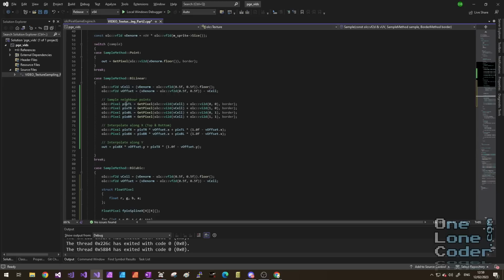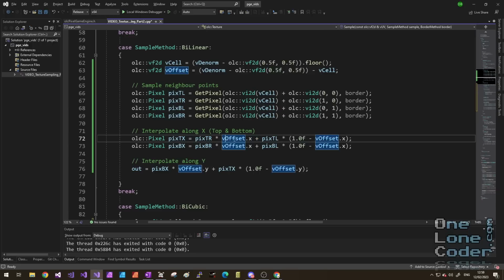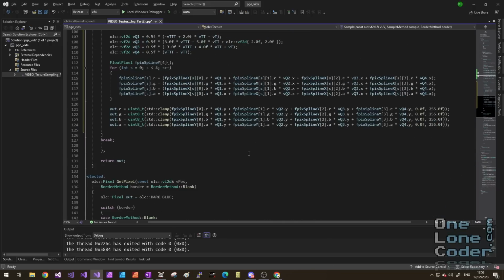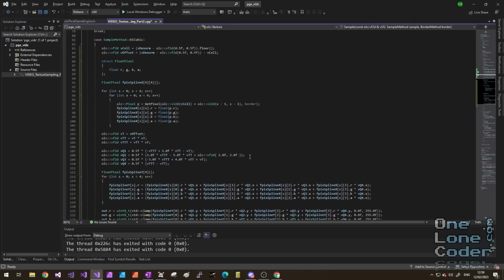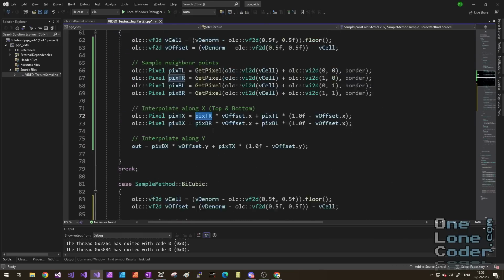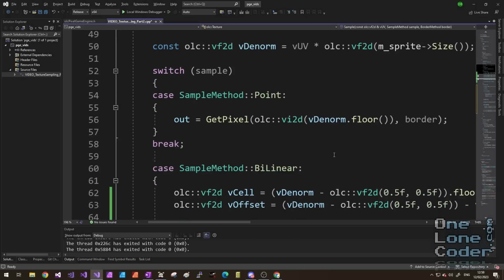This was somewhat hidden in the bilinear implementation, because the Pixel Game Engine built-in pixel type supports operations between pixels. If I multiply a pixel by a constant, it will automatically handle all of the components. We've needed to do that explicitly this time round. But it's a nice visual example of just how much more computation effort bicubic sampling is going to require over bilinear and ultimately over just simple point sampling.